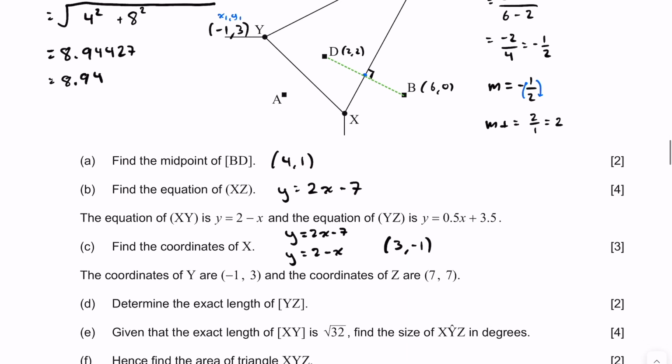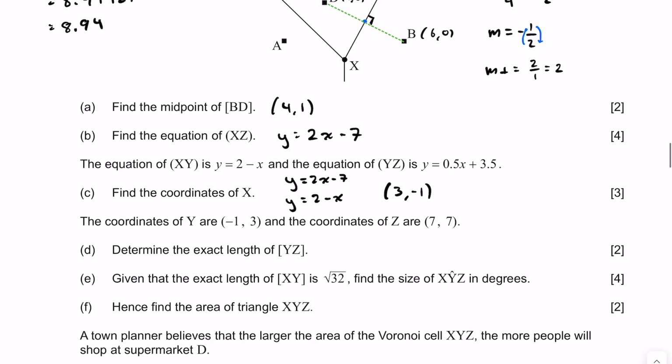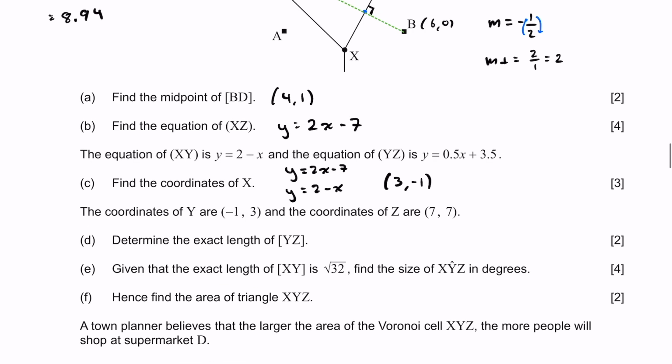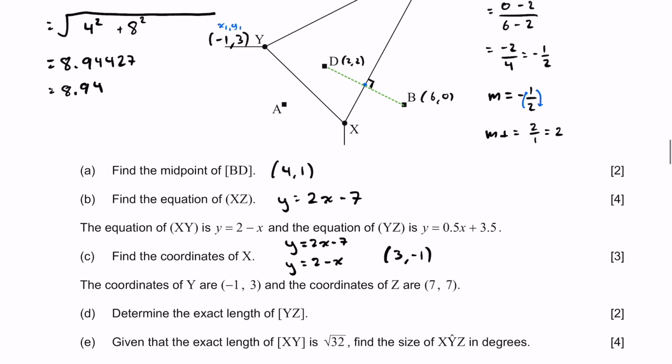So, oh, I'm sorry. There's one thing that I had not misread, but I guess read too quickly. It says determine the exact length. Exact length doesn't mean decimals. It means with square roots, we just leave it as what's called an irrational number, or surd form.